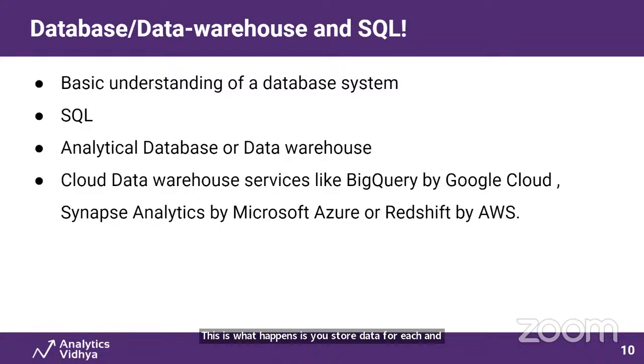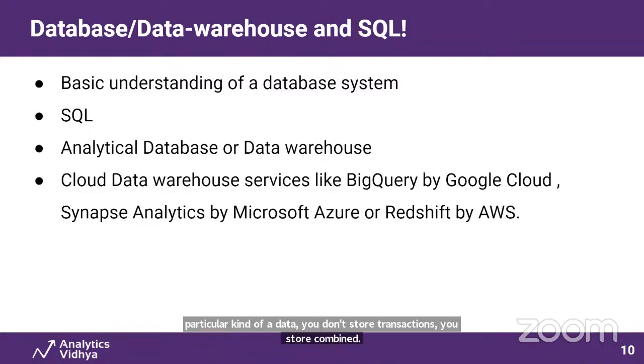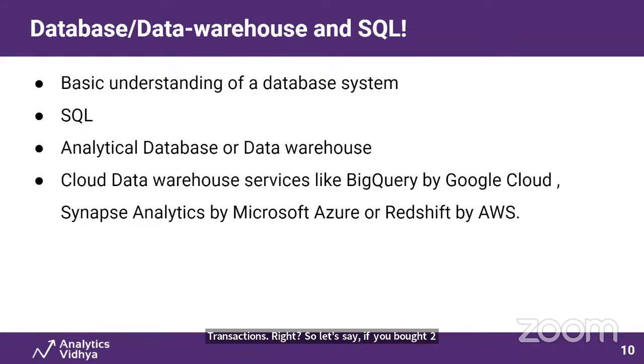Another thing is called a data warehouse. A data warehouse is also called an analytical database. In a data warehouse, you store combined, aggregated data. You store data for analytics, for analysis, to get insights, right? So you don't store individual transactions, you store combined transactions. If you bought two shirts, how will you typically store that record in your data warehouse?